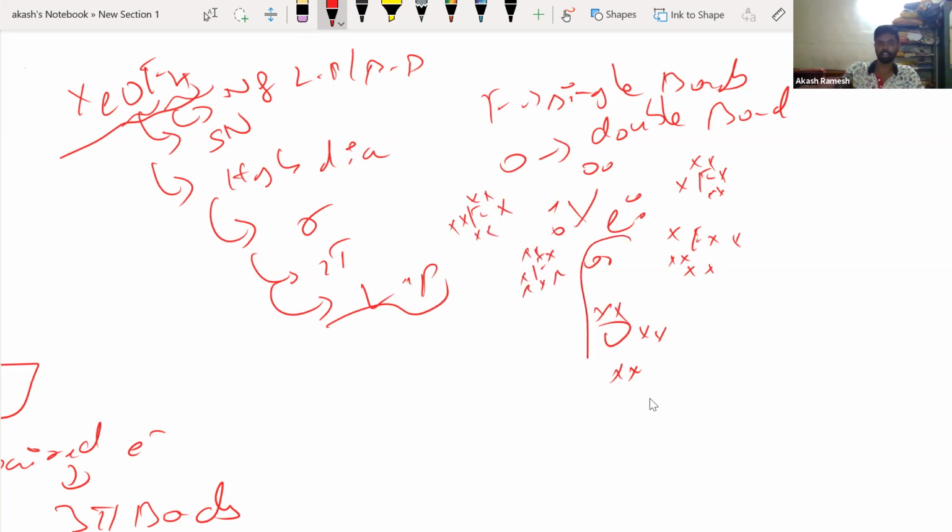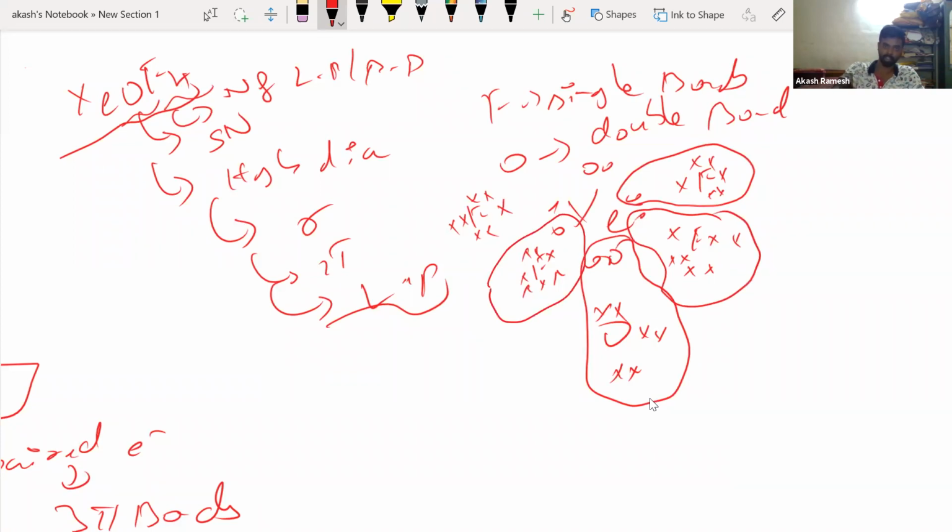Now this oxygen atom requires 8 electrons for its valence shell, 2 more electrons to complete its octet. This fluorine requires this 1 electron. This fluorine will take this 1 electron. This fluorine will take this 1 electron. This fluorine will take this 1 electron. So obviously, whatever electrons are given will be taken by xenon also.